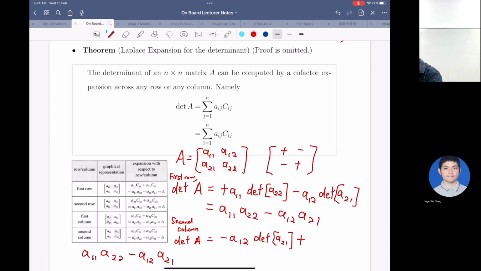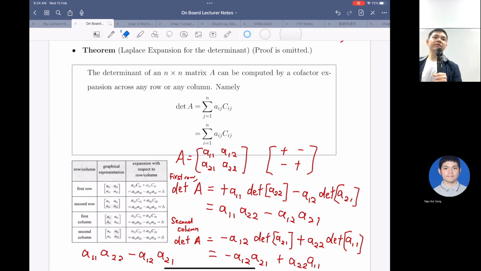The next one is plus A22 times the determinant of, removing the second row and second column, A11. So what we get is minus A12 times A21 plus A22 times A11. You can see that the two terms swap, but it still gives you the same determinant.